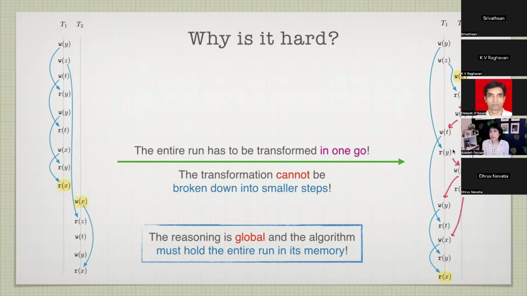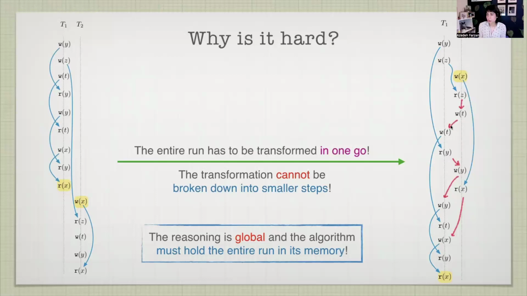So I see the blue arrows and I see the thread order, and this one is a thread order. There's nothing special about it. But this arrow, think about the arrow between write T and write T. There is really no reason that these two have to be ordered, right? The reason that these two are ordered here is because I cannot push this down here, because then this read is going to be matched with that write instead of this write.